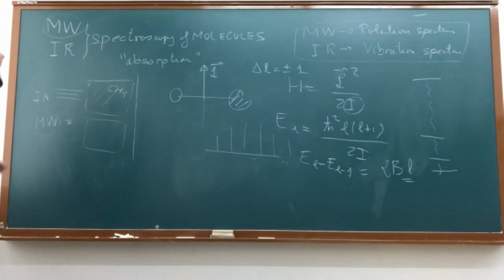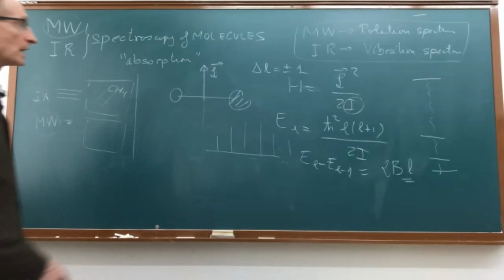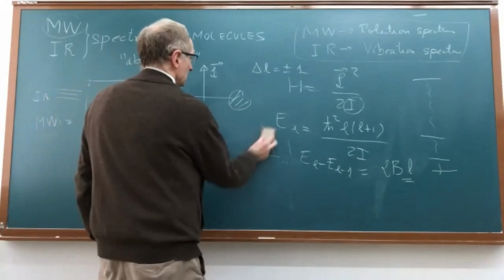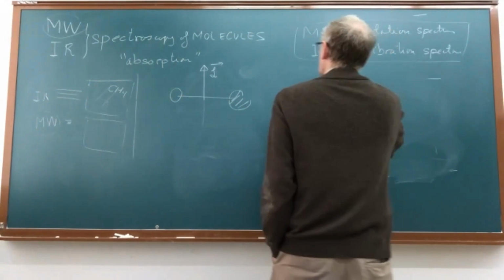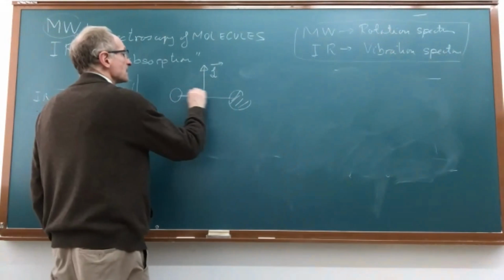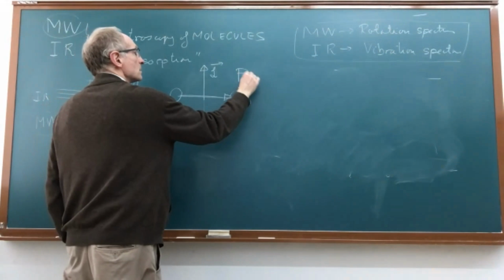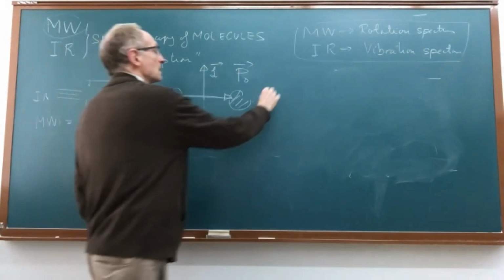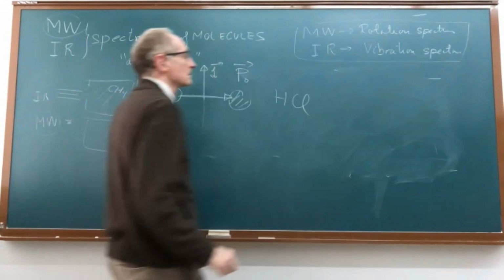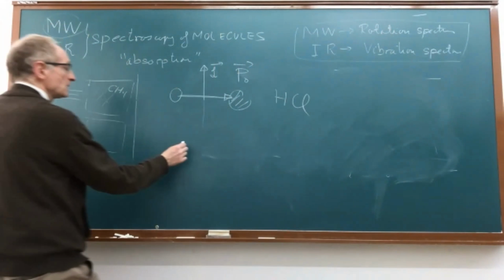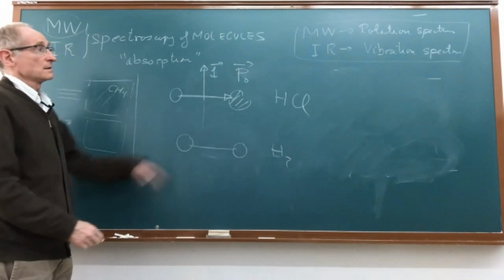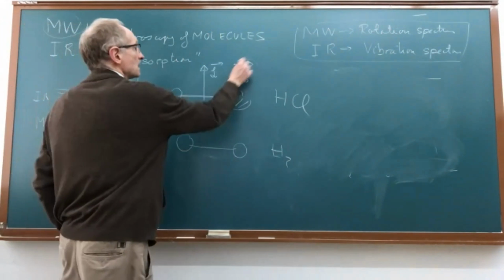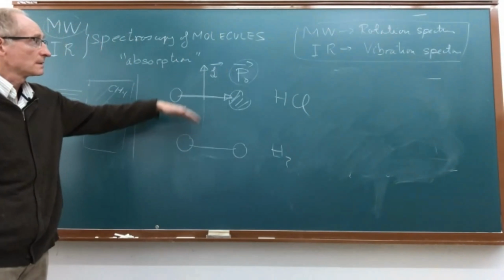Now, how do I absorb it using spectroscopy? Well, in the dipole approximation, I need a molecule that has a permanent dipole, P0, for instance, like hydrogen chloride. If I have something like hydrogen, this doesn't have any permanent or equilibrium dipole moment.